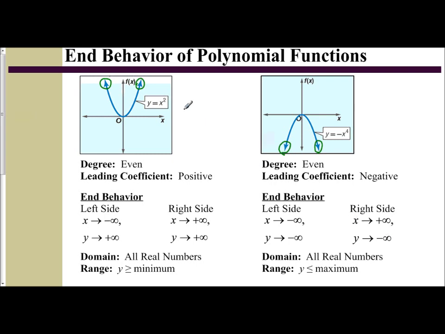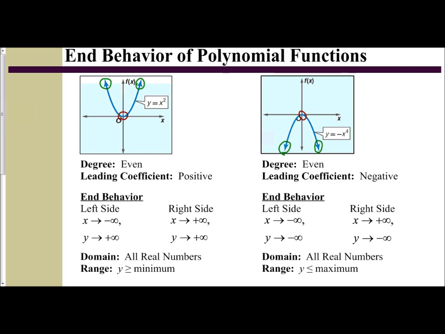The domain for your even degrees is all real numbers. Your range is based off of your minimum value here. We see that our range cannot go below this point, so y is greater than or equal to that minimum point. And here y is less than or equal to, since it opens downwards, that maximum point. So that's an even degree function, both positive and negative leading coefficients.